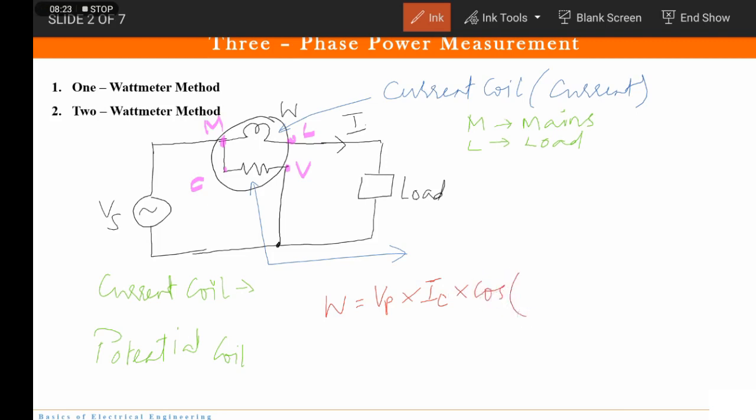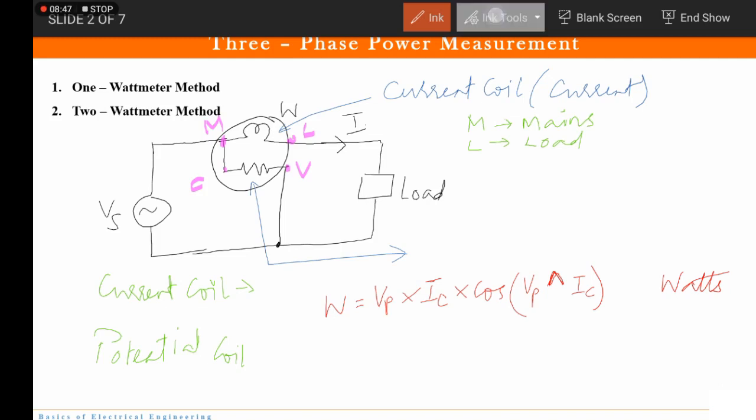What is the power factor? It is cos phi. What is phi? The angle between the voltage and the current, and the unit is watts. This symbol shows angle. Okay, I hope you understood how the wattmeter works.